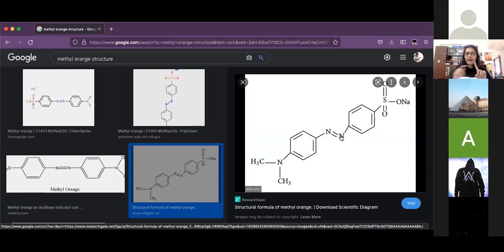You have the ring structures like benzene, then heteroatoms: you have nitrogen and a sulfur group also. These we have not touched, but as I told you, there are so many different functional groups. That's why organic chemistry is really, really large. But the presence of the methyl groups over here is why the name came, it's methyl orange. And these are the only methyl groups there. You can see it's not there anywhere in the rest of the compound.